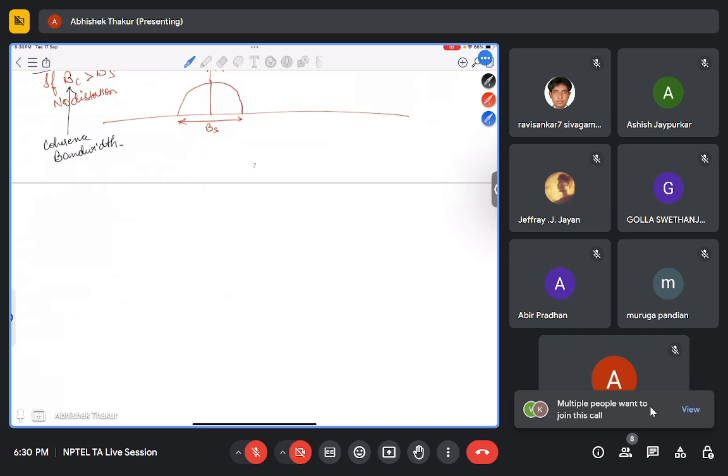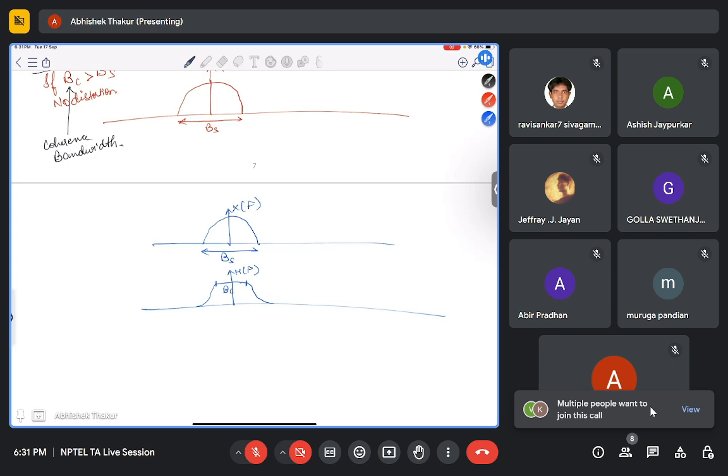Now let's take an example. This is our symbol having bandwidth of Bs. The next is the channel bandwidth. Let's suppose this is our Bc.